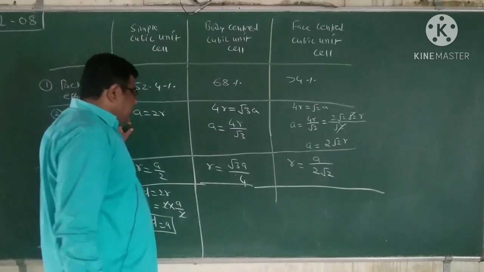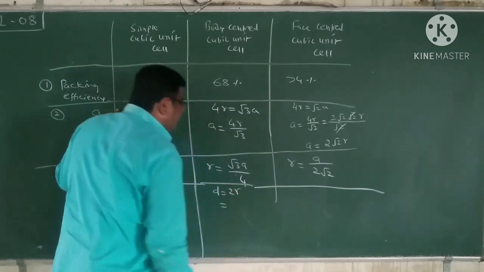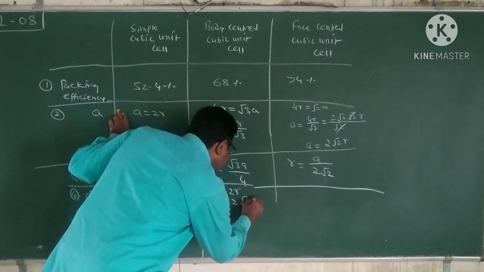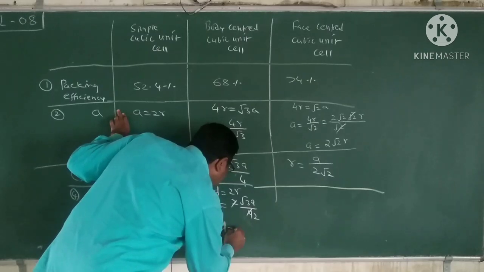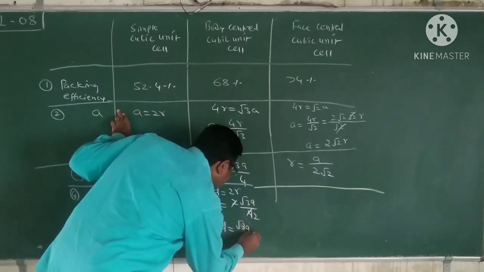In body centered cubic unit cell, d is equal to 2 times the radius, 2 times square root of 3 a by 4. This is 2, so square root of 3 a by 2.